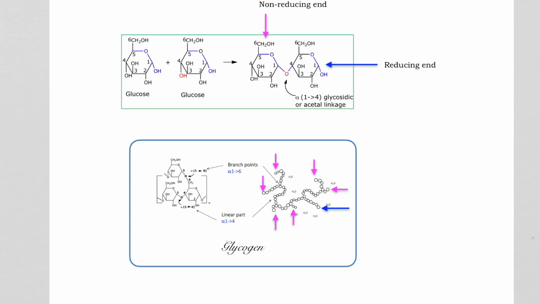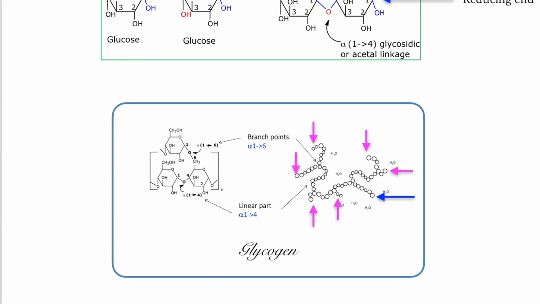So when we join glucose together, you get glycogen. And then this is a structure of glycogen. So glycogen, you can see, has glucose joined together, and once in a while there's a branch coming out. Okay, so basically you can see glucose join.